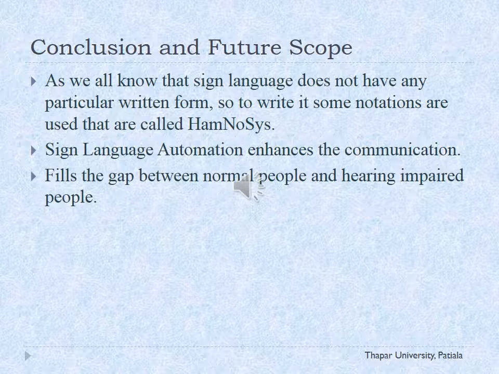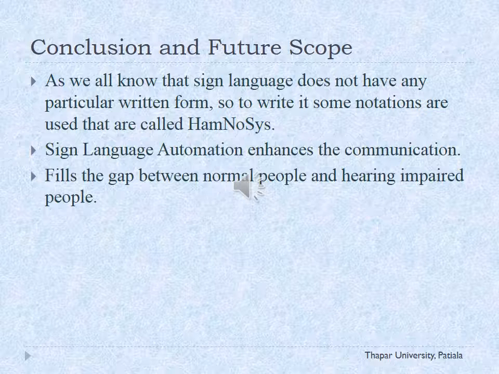So the future scope of sign language automation is very wide as there are 5.1 million people who are hearing impaired and there is no such mechanism to fill their gap for communication.